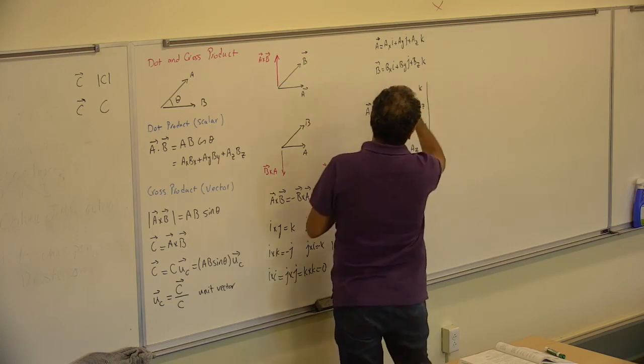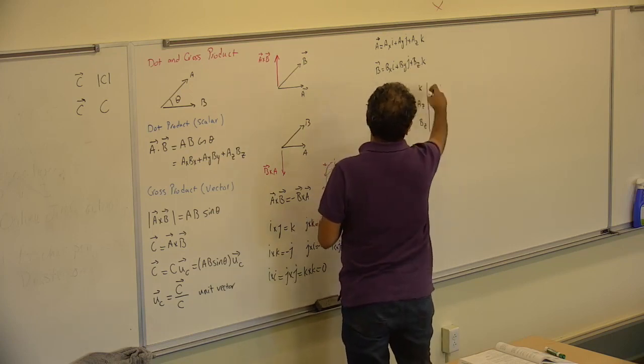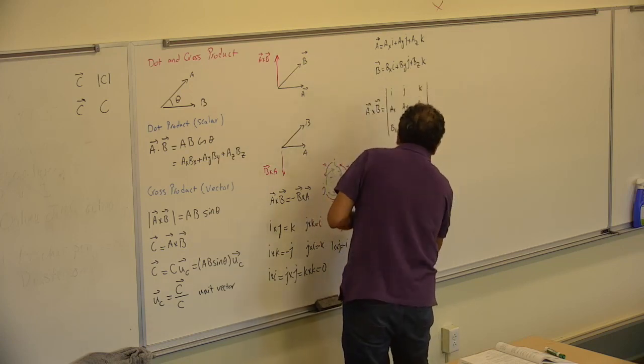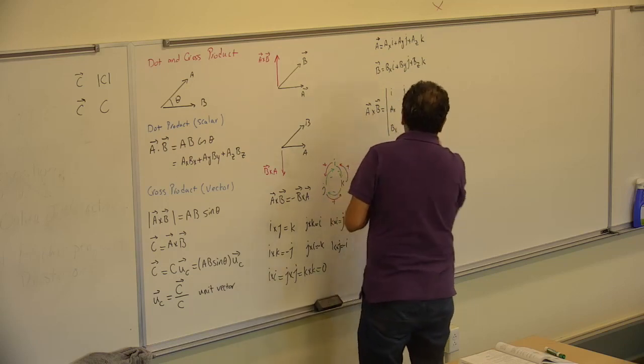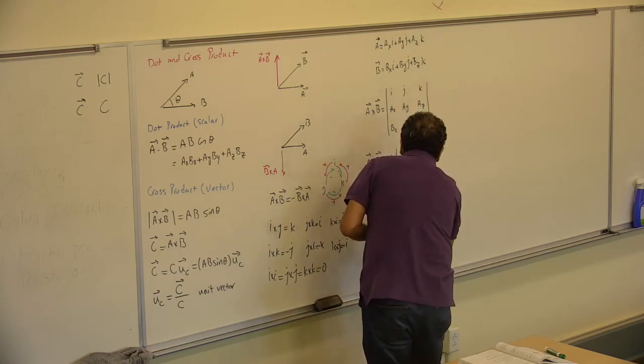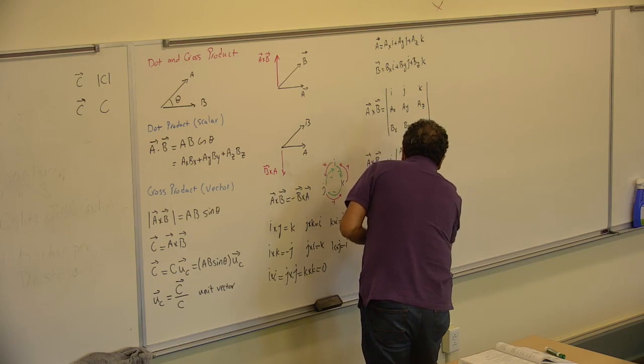Eliminate the row and column that has the j and write the rest: AX, AZ, BX, BZ.